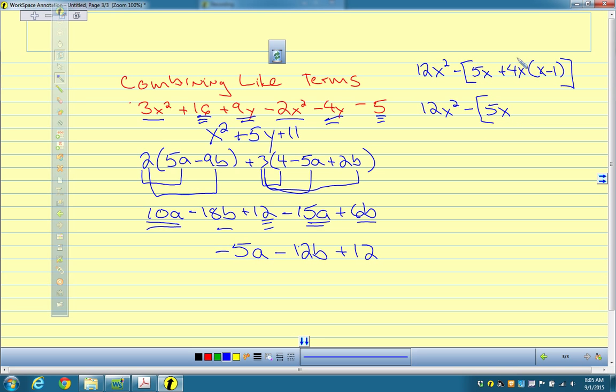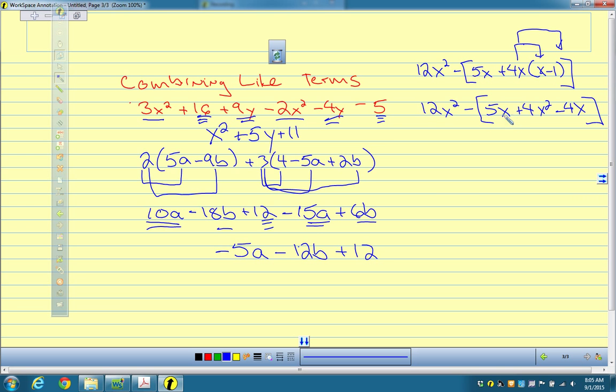Now I'm going to distribute this. Okay? Multiply that times that, and that times that. Right? So I get 4x times x makes what? 4x squared. And I get 4x times negative 1 is what? Negative 4x.